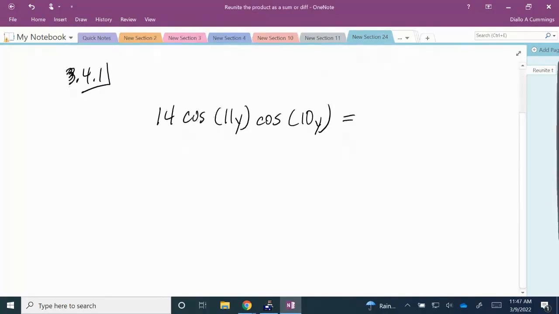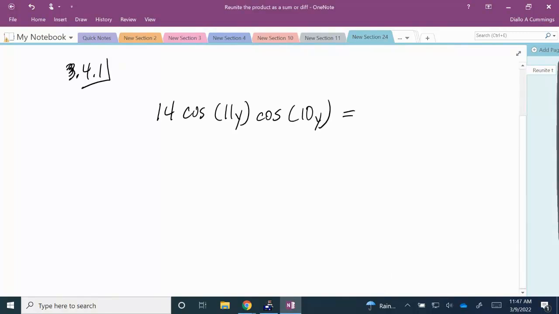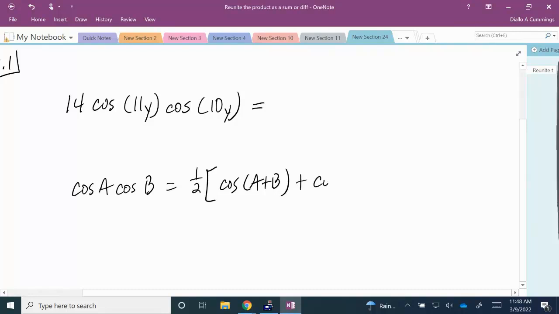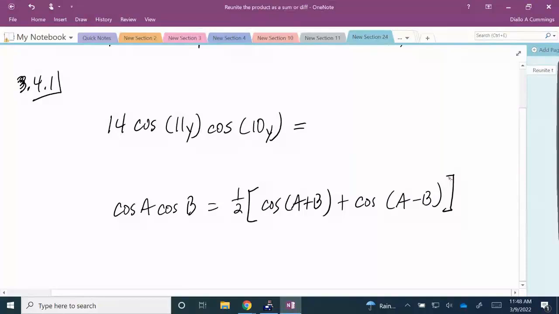Below that, because we have to manipulate the formula, we have cosine of A times the cosine of B, that's equal to 1/2 cosine A plus B plus cosine A minus B. Okay, so notice I have sort of the same setup.